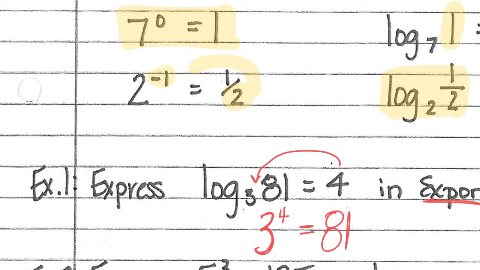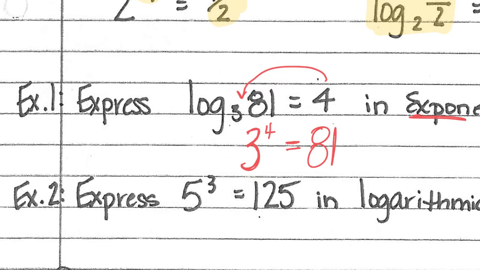And that is true. 3 to the 4th power is 81. And let's go ahead and express 5 to the 3rd power equals 125 in logarithmic form. Again, we can jump this guy to the outside. Log base 5 of 125 is 3.